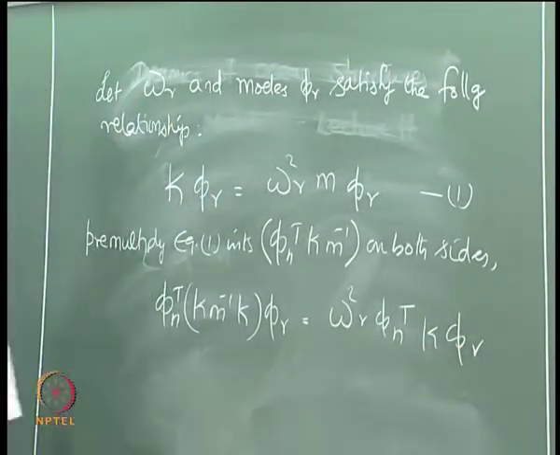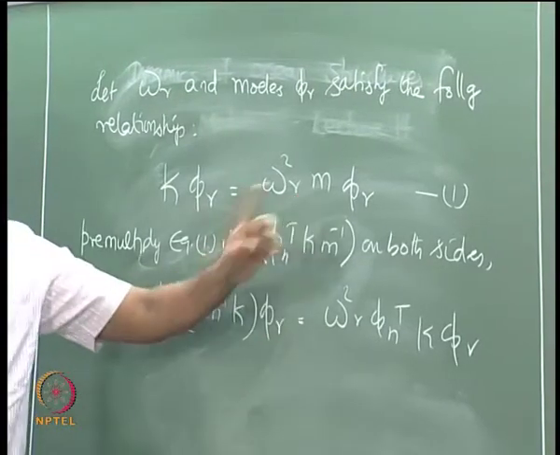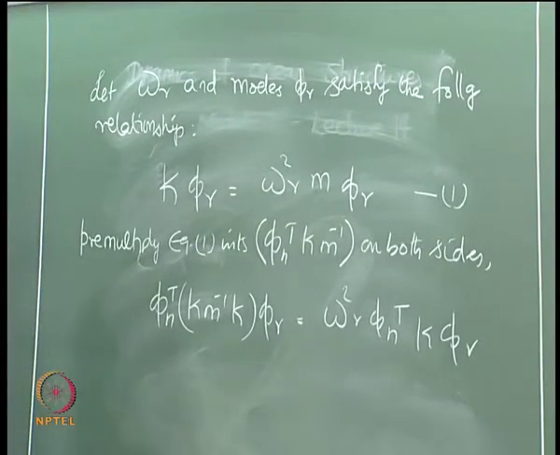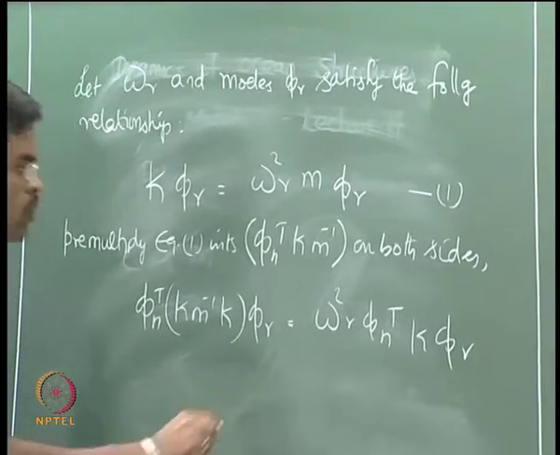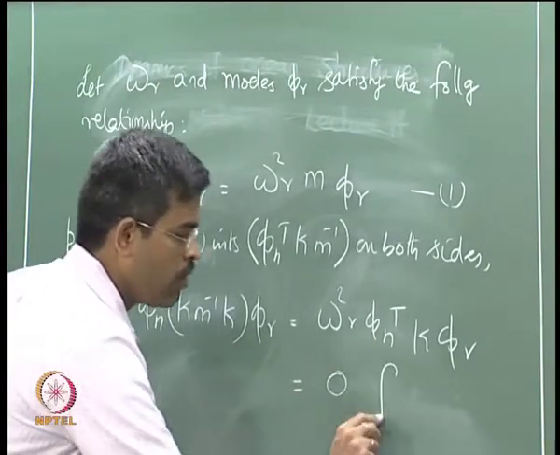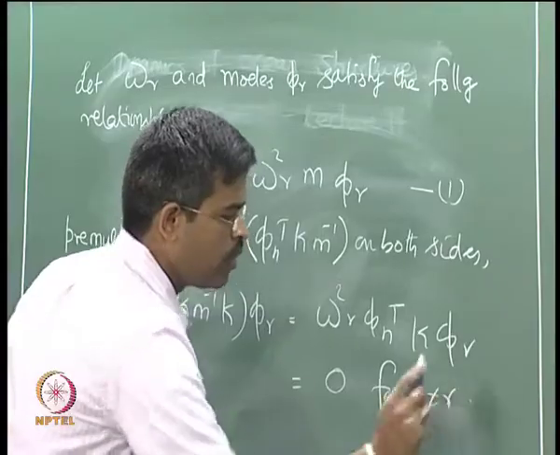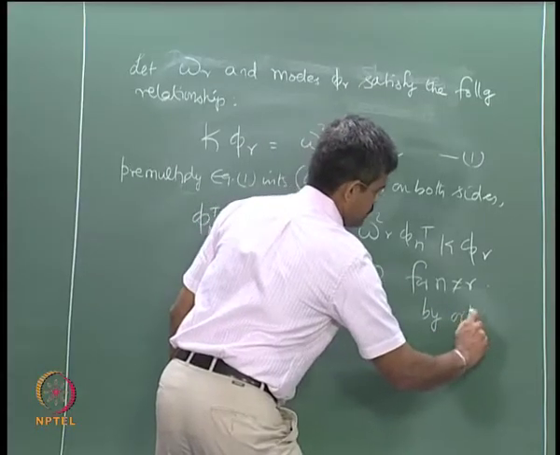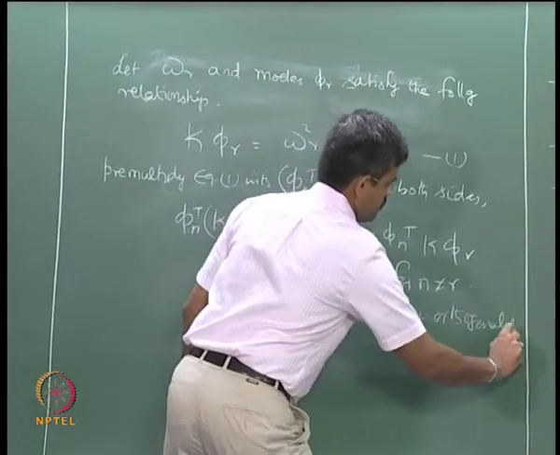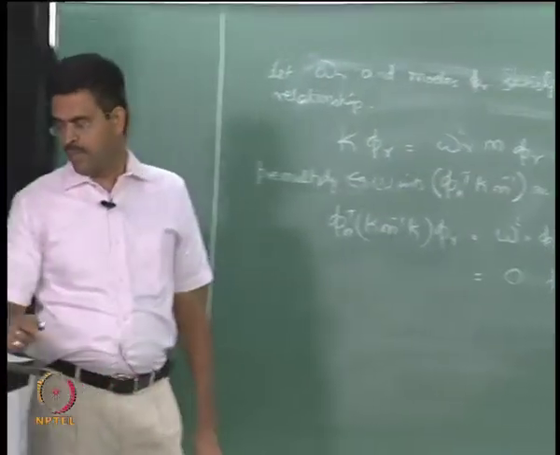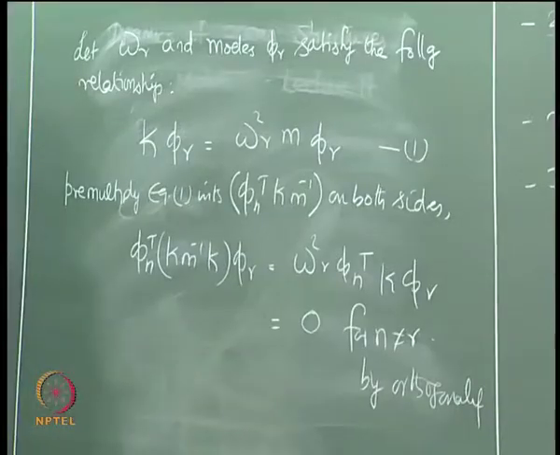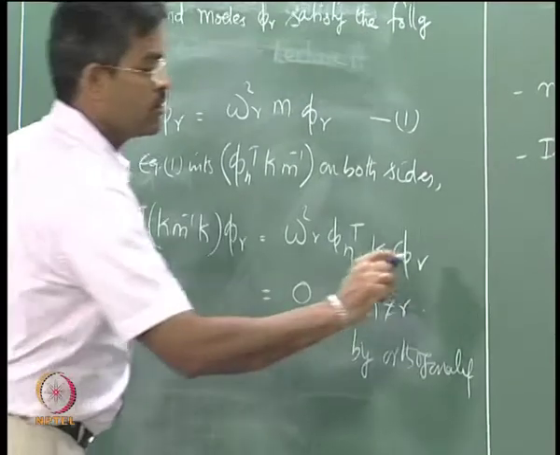Is that okay? Because m inverse m will become identity. Now, I can say this is 0 for n not equal to r by orthogonality. So, equation 2.